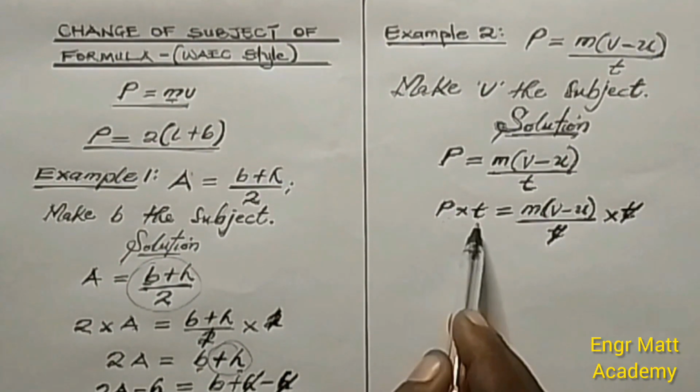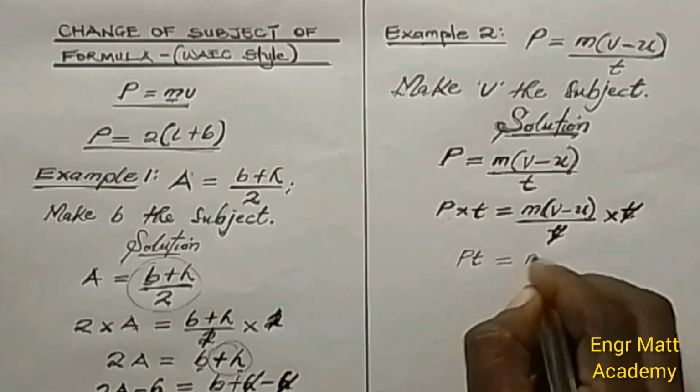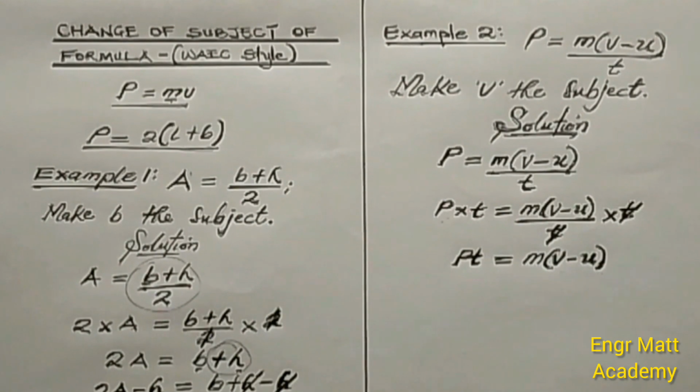P times T will be PT equals M bracket V minus U. Next, which operation still remains here? Now multiplication. When we see M outside this bracket, it means that M is multiplying everything inside the brackets. So we reverse the multiplication operation. And how do we do that? By dividing. We divide both sides by M.